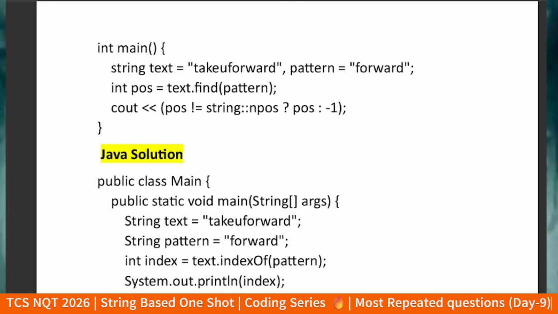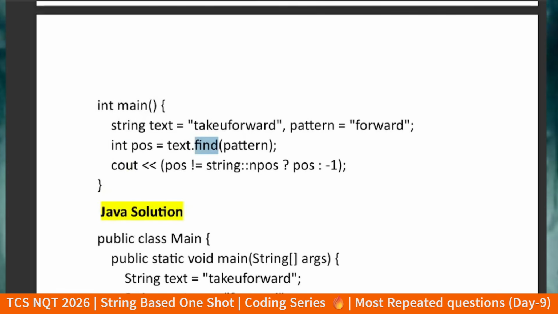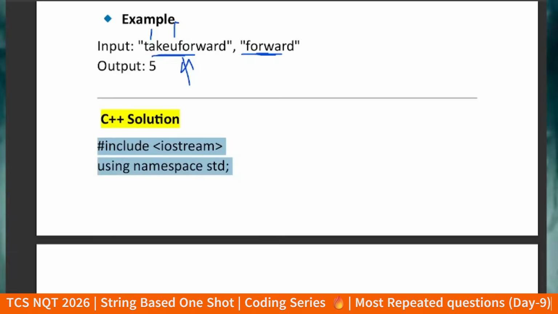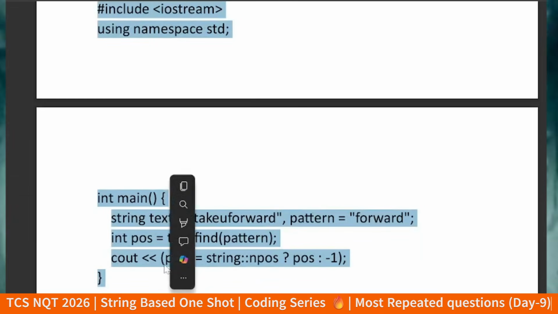So position = text.find(pattern), and I will cout position if position is not equal to string::npos, otherwise it will return -1. Simple thing, I'm just using the find function here. Remember, you can also apply various logic, like comparing values and running a loop, but this is one of the most optimized approaches I'm using here. Let me run this code, then you will get an idea. So for this, the answer should be 5.